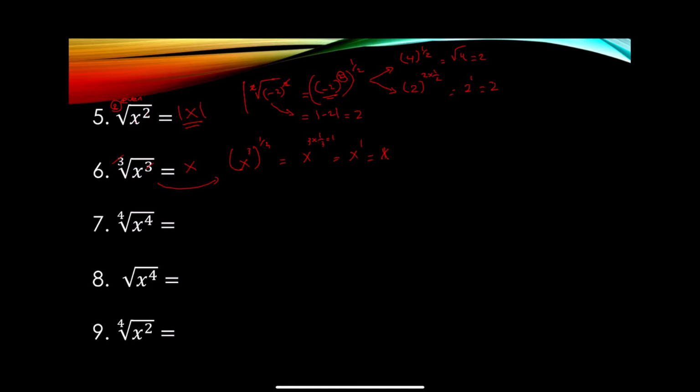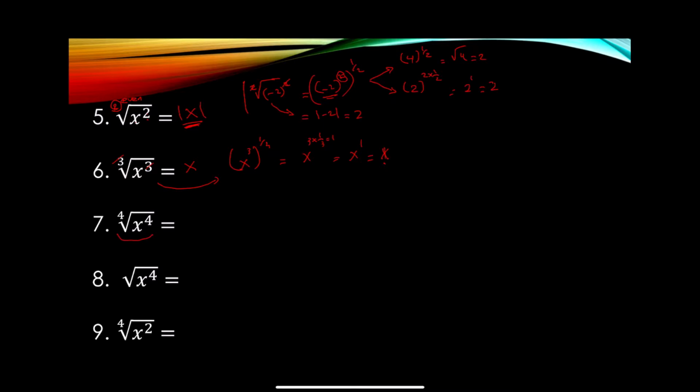So if you have an odd number, the degree is odd, and it is the same as the exponent of the x, the answer is x. But in case of dealing with even, if it is even here, and this is the same number, then put an absolute value.